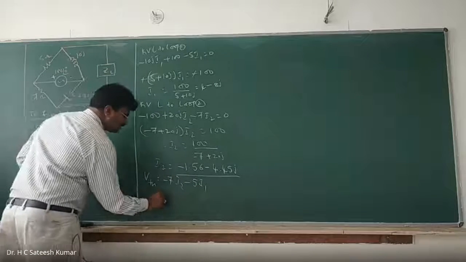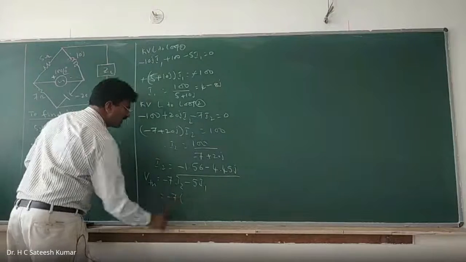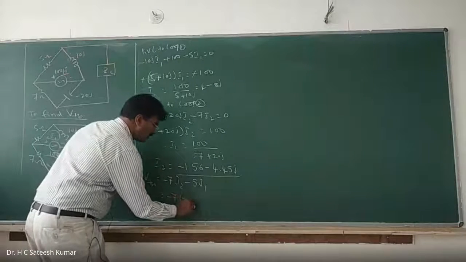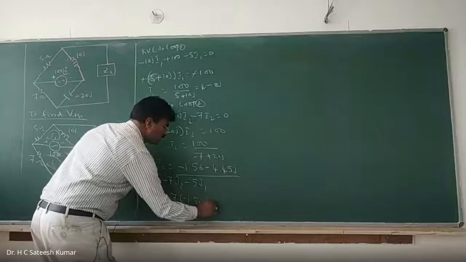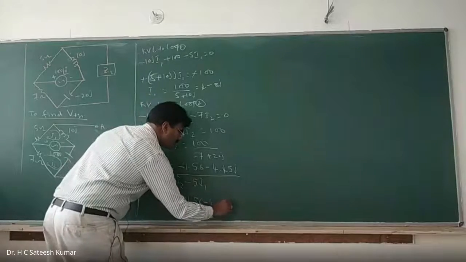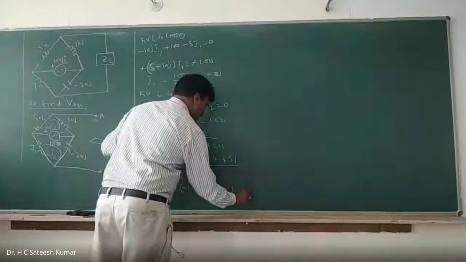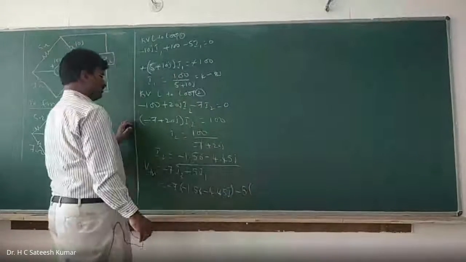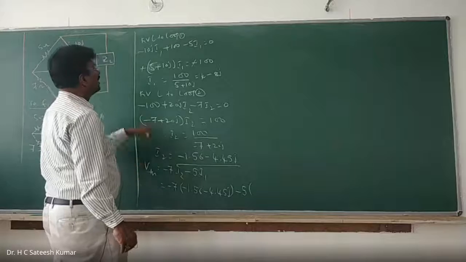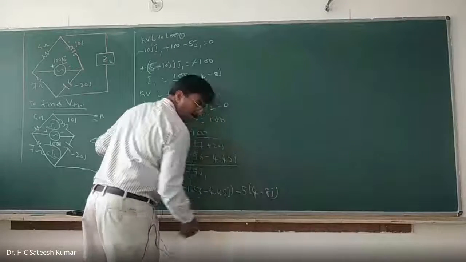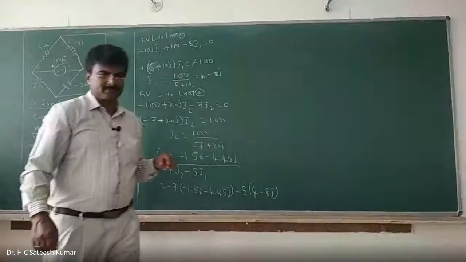Which is equal to minus 7 into I2, I2 is minus 1.56 minus 4.45j, and minus 5 into I1. I1 is what? I1 is 4 minus 8j.